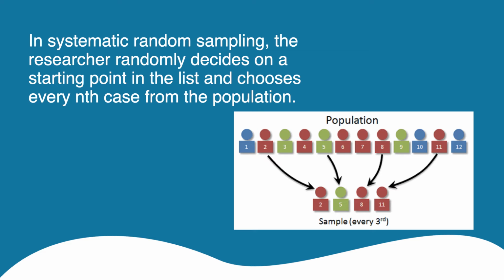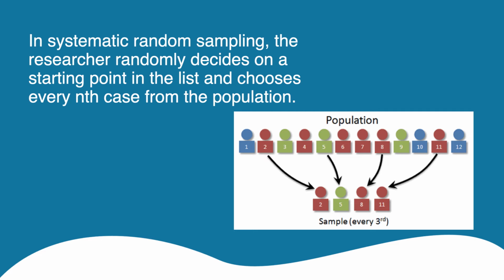From the first 10 numbers, you randomly select a starting point, for example, number 6. From number 6 onwards, every 10th person on the list is selected. These are, for example, 6, 16, 26, 36, and so on. And you end up with a sample of 100 people.